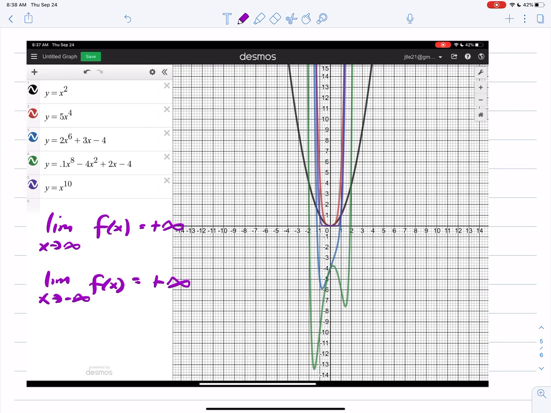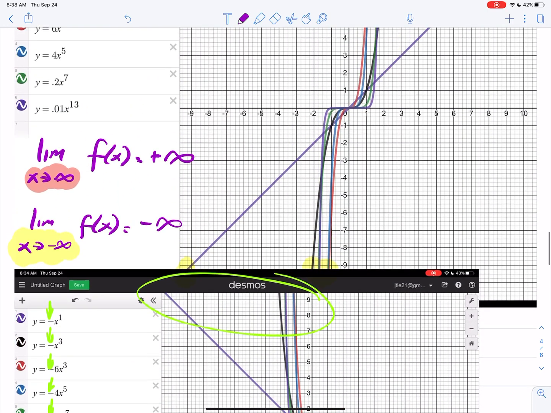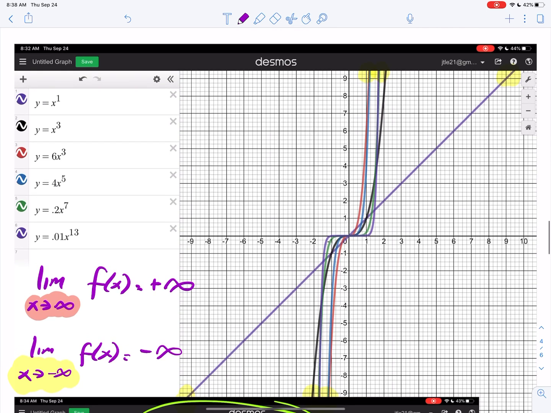So if you notice here, when we're dealing with an even degree function, the end behaviors are the same. Positive infinity, positive infinity. Now let's go back to odd degree functions. When you have odd degree functions, were they the same? No, they were actually one of each. They're always different.